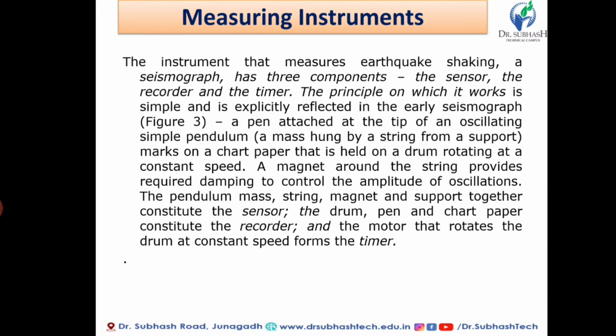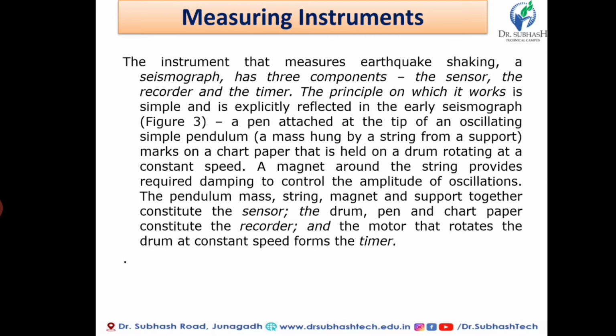A magnet around the string provides the required damping to control the amplitude of oscillation. The pendulum mass, string and magnet support together constitute the sensor. The drum, pen and chart paper constitute the recorder, and the motor that rotates the drum constitutes the timer. With this very simple arrangement, we record the seismograph.